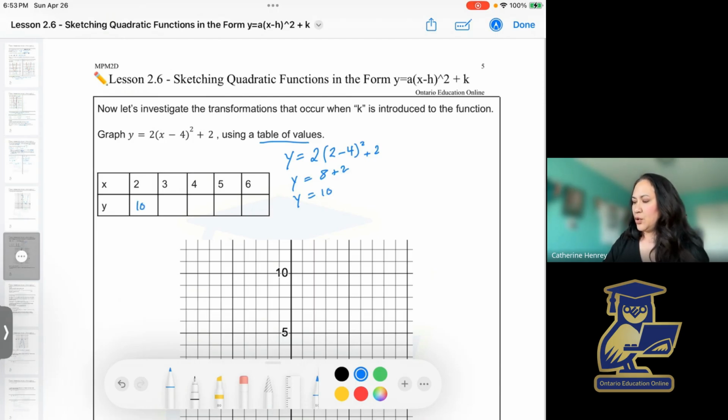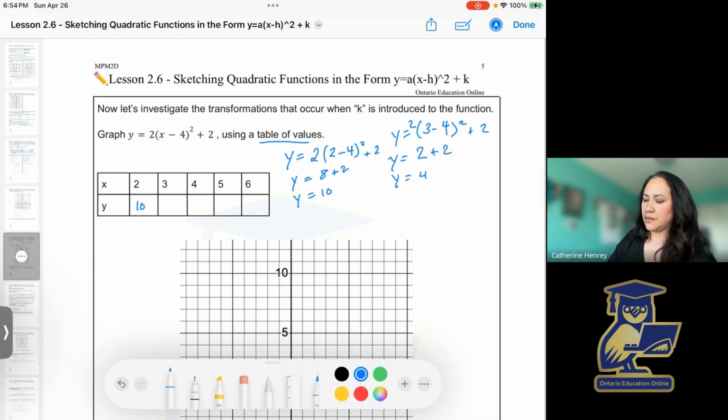And then y equals 2 times (3 minus 4) squared, oh, forgot to times by 2, plus 2. So y is equal to 3 minus 4, 1 squared, 2, plus 2. So y equals 4 here. And then we have y equals 2 times (4 minus 4) squared plus 2.